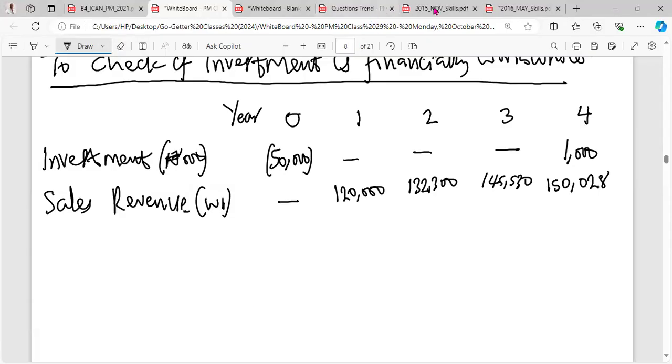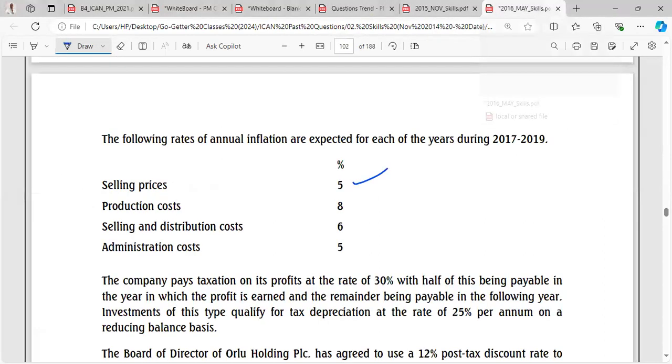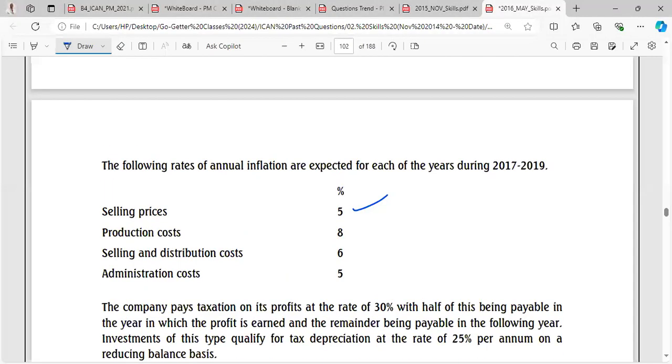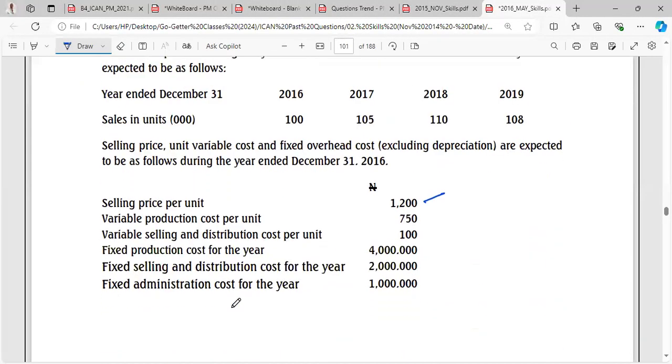Okay, so what do we have again? We'll go up. We want the variable production costs per unit.